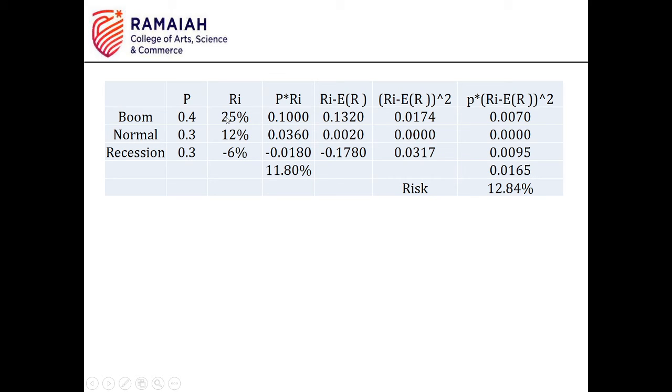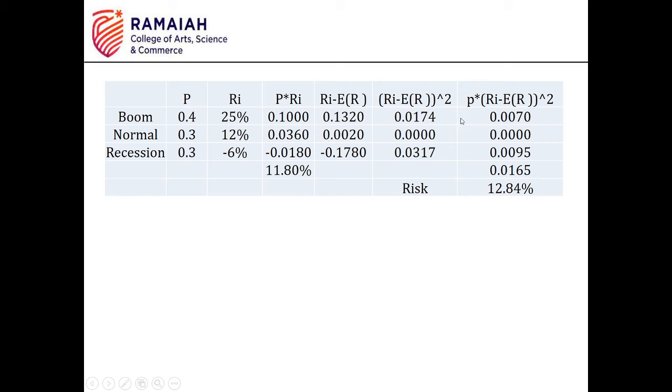Similarly 0.12 minus 0.118, and so on. So I've subtracted it. This is the difference, Ri minus the expected return, which is 11.80. Now you square this column. You take the squares of this column. Now you need to multiply this column with your probability.